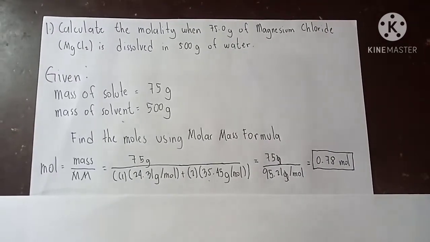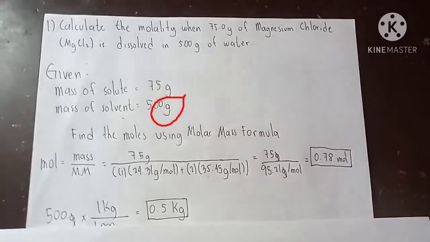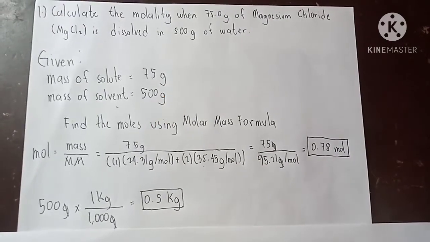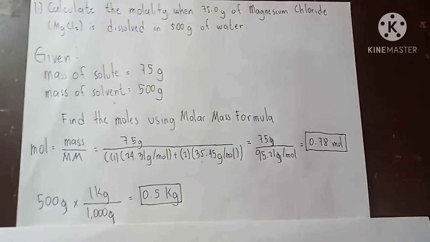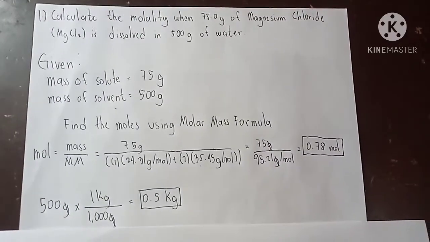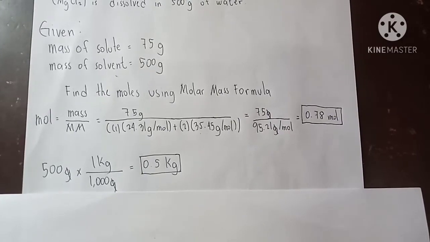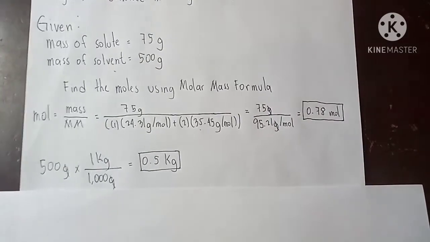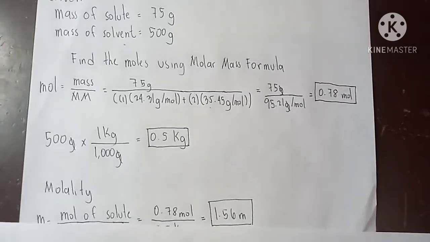So the problem is our mass of solvent is in grams, so we need to convert it into kilograms. 500 grams times 1 kilogram all over 1000 grams is equal to 0.5 kilogram. So now we can get the molality using the formula.